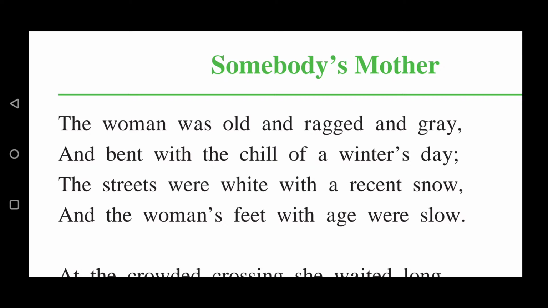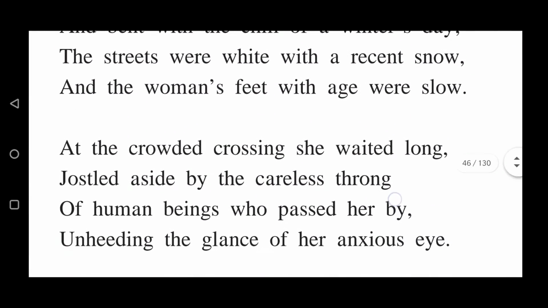So in short, a woman who is old, poor, and a little bent due to the chilly winds, because of the snow or because of her age she cannot walk fast.